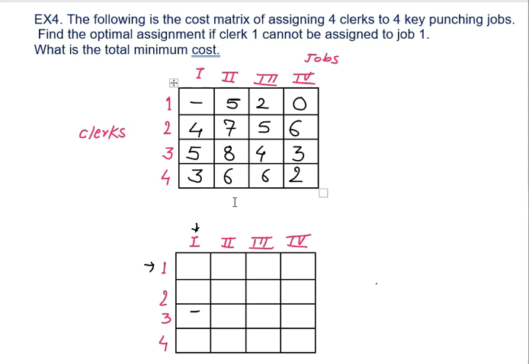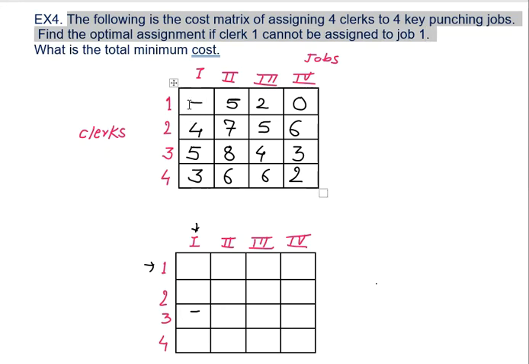The following is the cost matrix of assigning 4 clerks to 4 jobs, 4 key punching jobs. Find the optimal assignment if the restriction is that clerk 1 cannot be assigned to job 1. What is the total minimum cost?